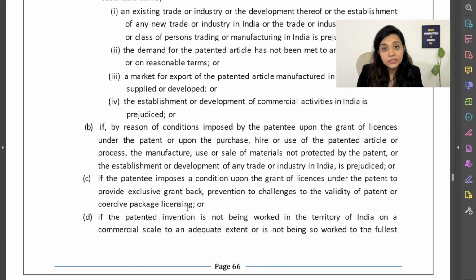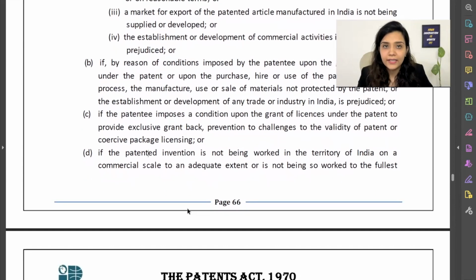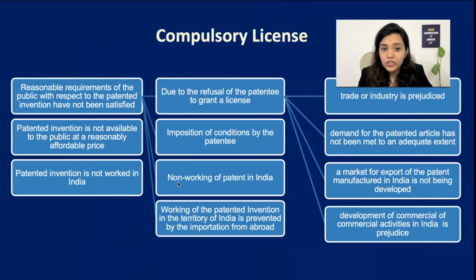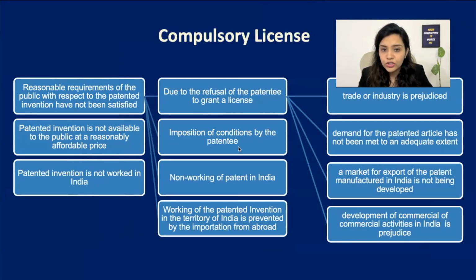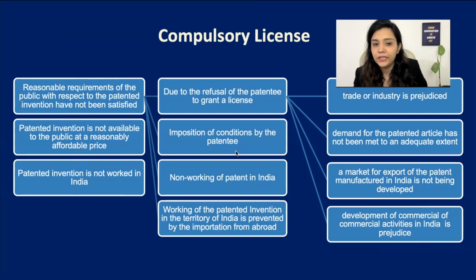Whenever this is the case, it will become a ground for a compulsory license, and XYZ can go and ask for a compulsory license saying that Pragya is trying to put extra conditions while licensing this product to me. So this falls under the category of imposition of conditions by the patentee.